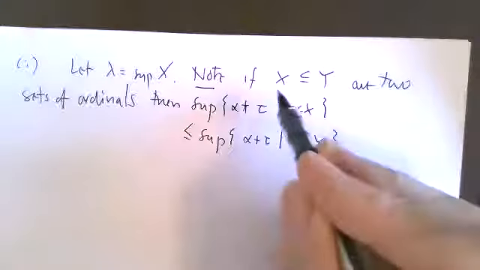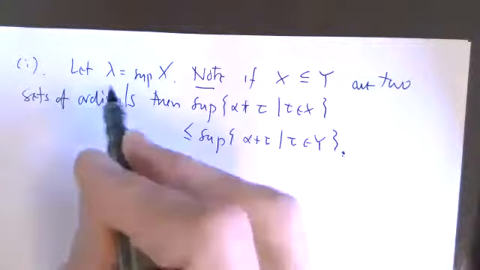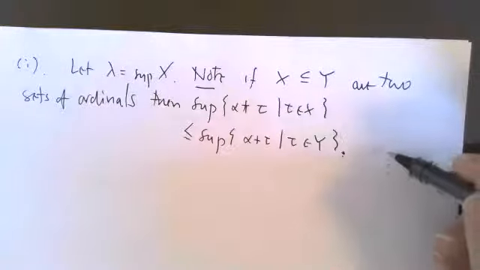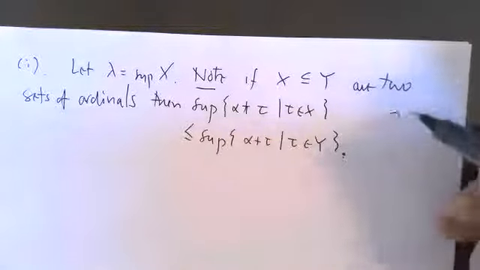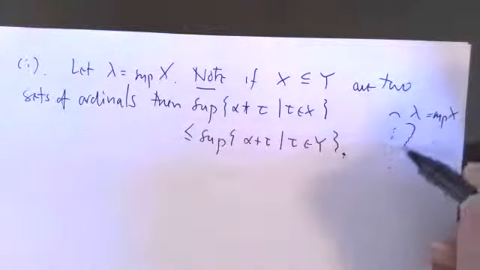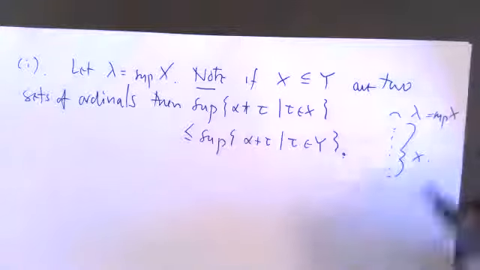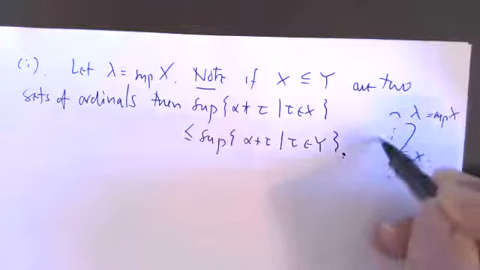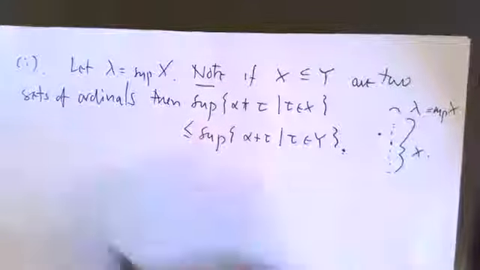So X is a subset of lambda. Lambda is its supremum. Here was X, here's lambda. So every element in X is less than or equal to some element of lambda.